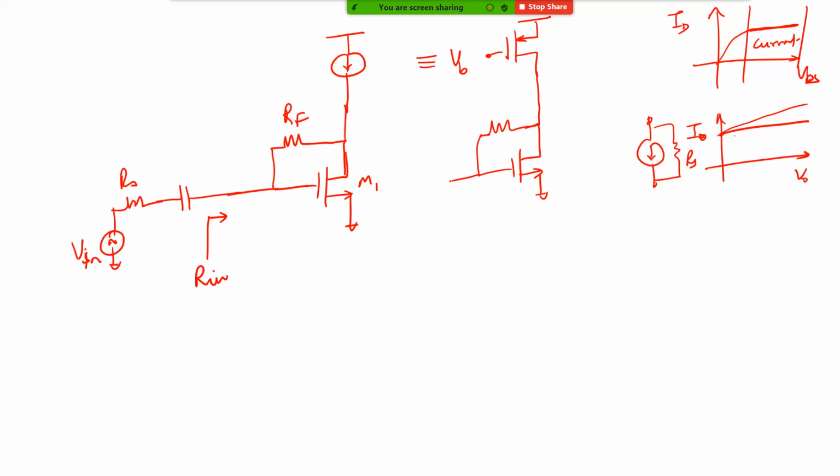There are certain advantages of using this. Let's say you have a feedback resistor. This topology is what is called a resistive feedback LNA. In fact, variants of this are gaining a lot of importance in the industry.